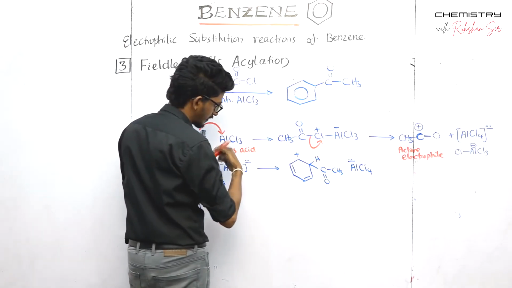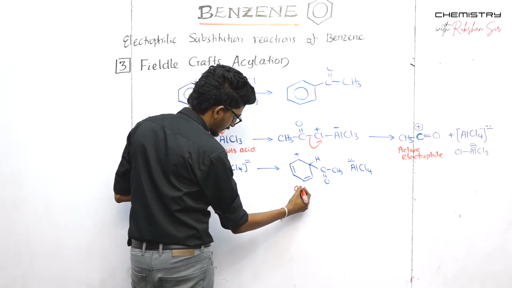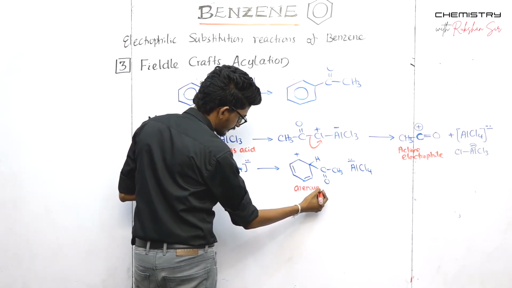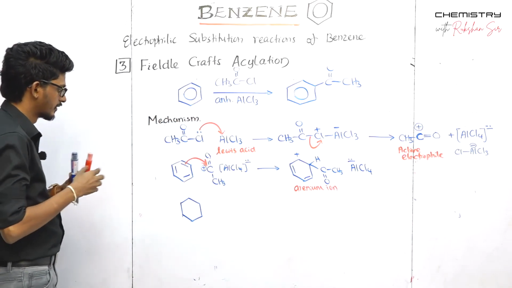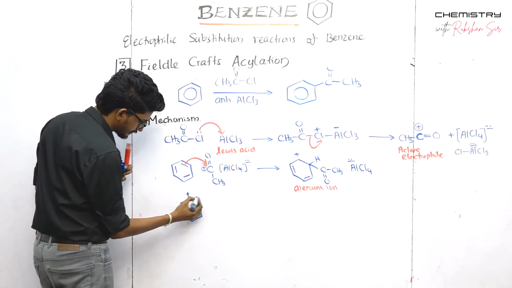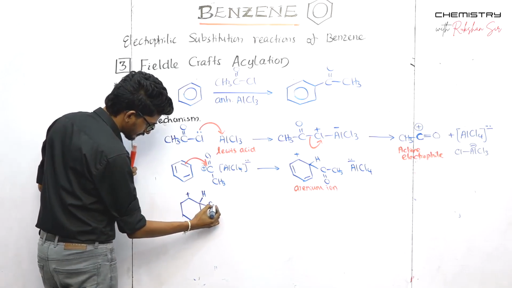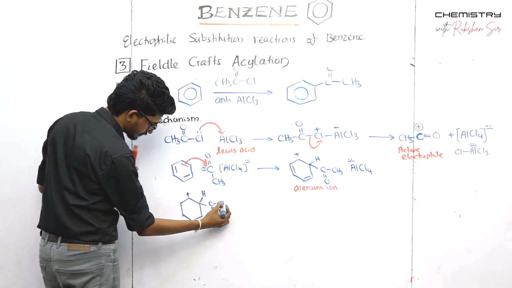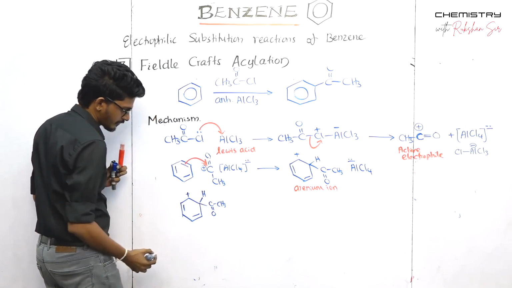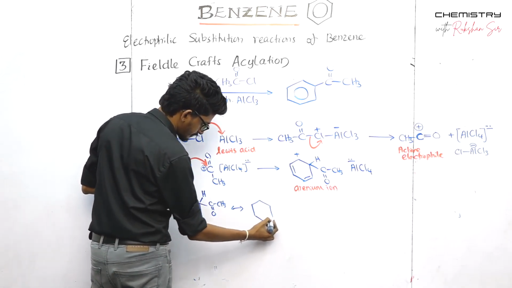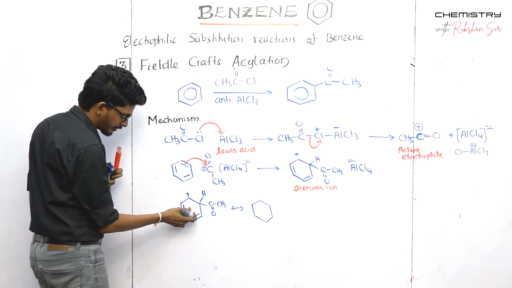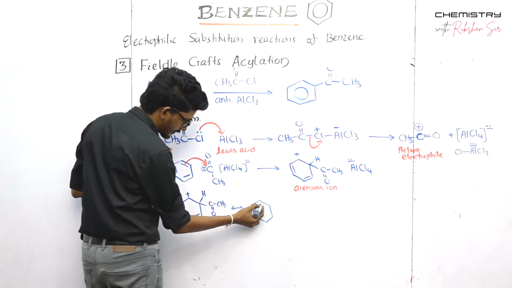This is the arenium ion. So produce the arenium ion, which is a carbocation, right? So resonance stabilization of that thing. When these electrons come into here, the positive charge appears here.